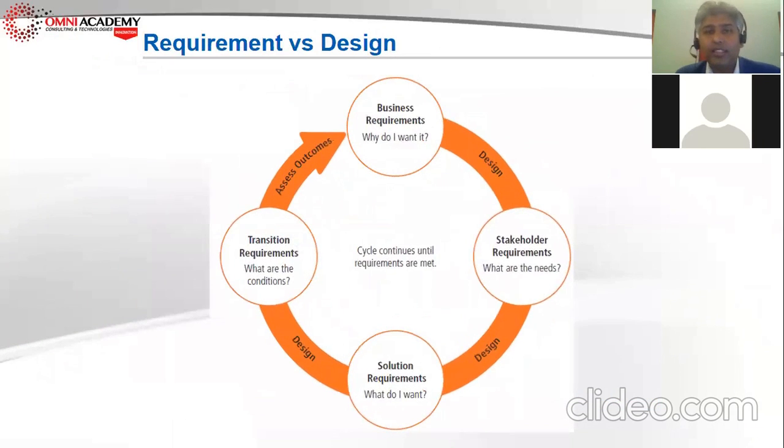Okay, so this is a process where you can see how the requirements are converted into design and further requirements. So you got a business requirement and you apply your design mechanism on this. You get the stakeholder requirement, right? So for example, the business requirement was to automate a certain area, right? And then you apply your design process of automating the areas.